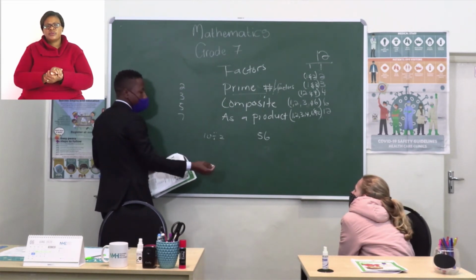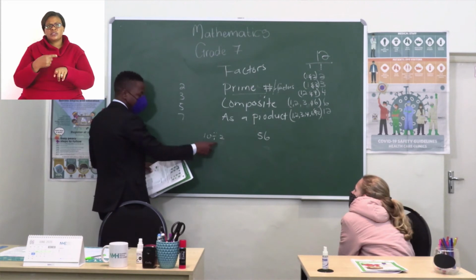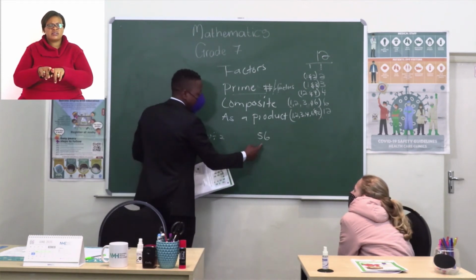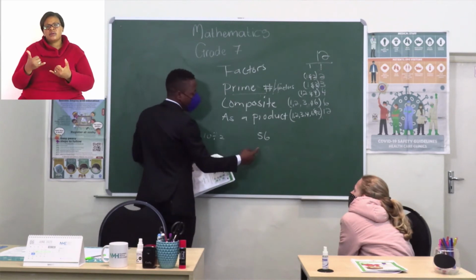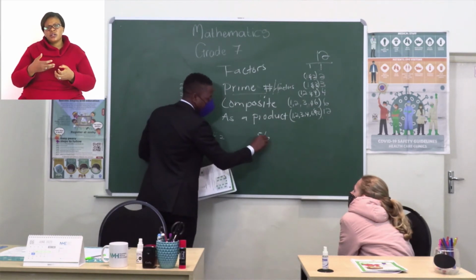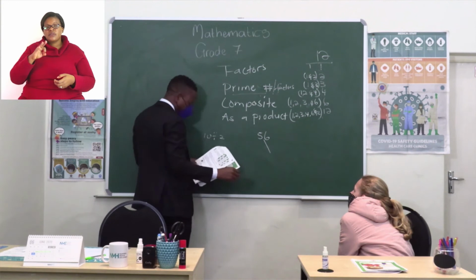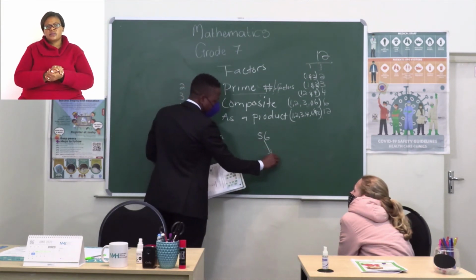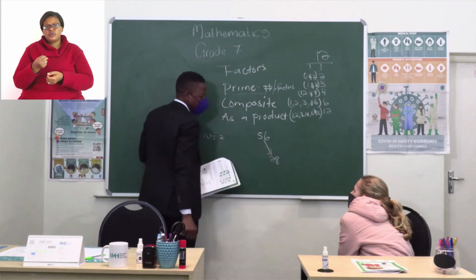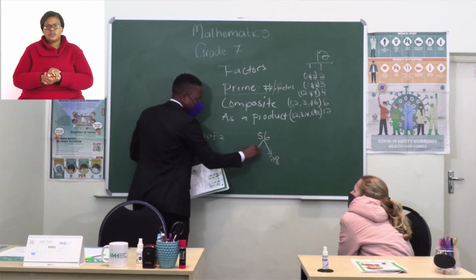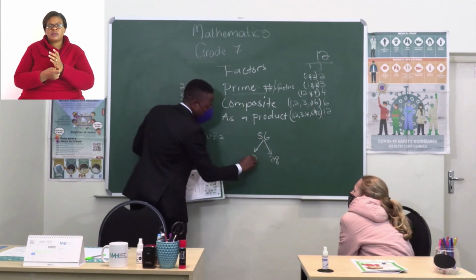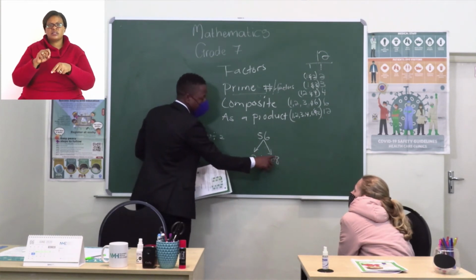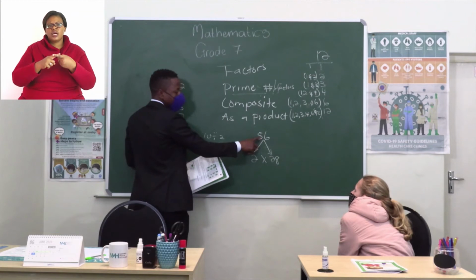It's the same as saying half of 10 is 5. So in this case, we need to halve it. If you halve 56, you will get 28. It means if I multiply 2 times 28, it must give me 56.